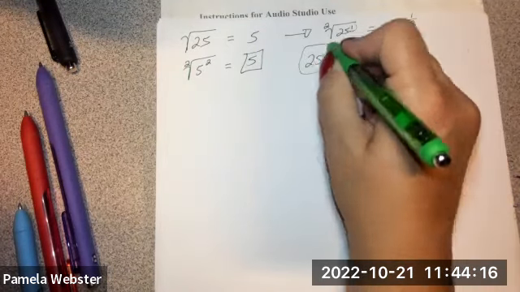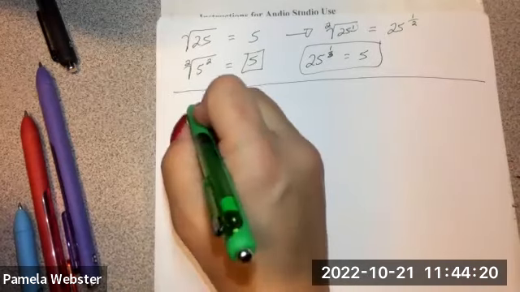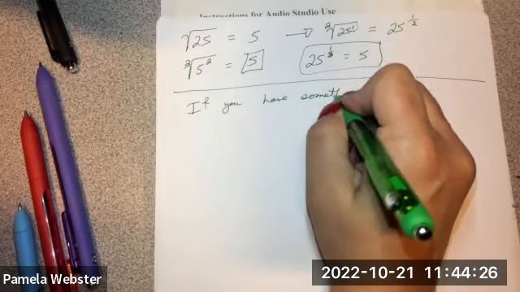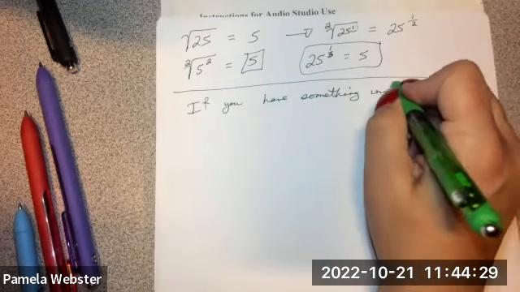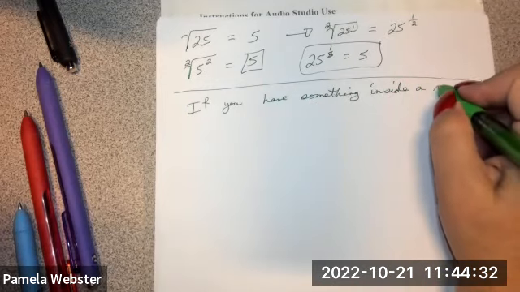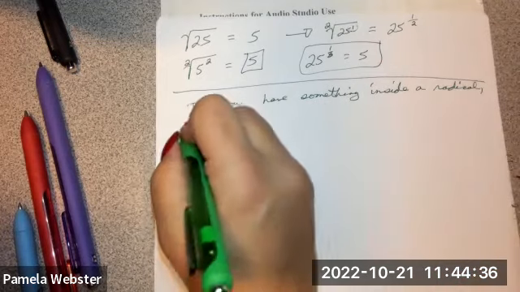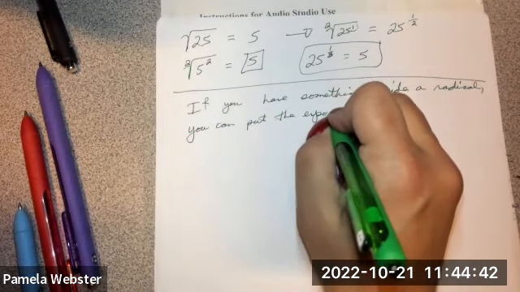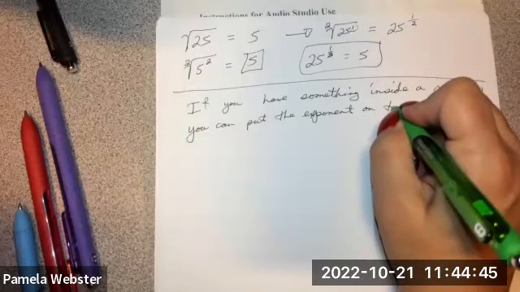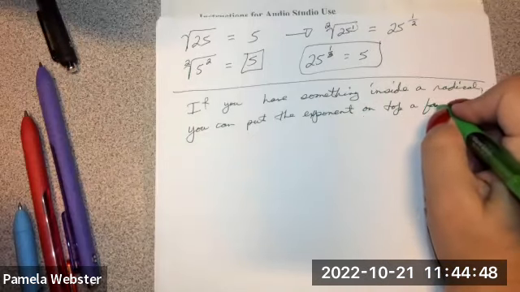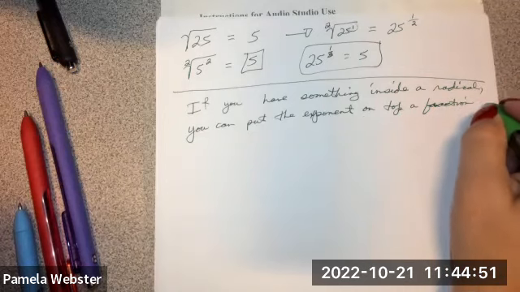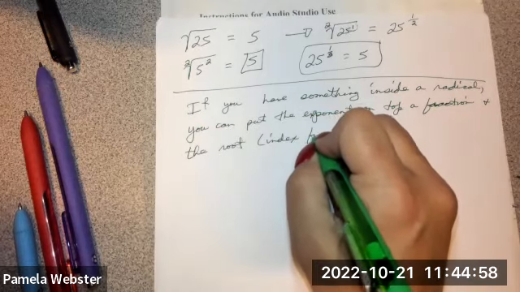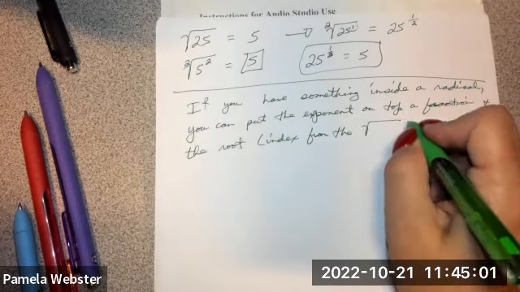Okay, that's a 5. So there is this exponent rule that says if you have something inside a radical or a square root, you can put the exponent on the top of a fraction exponent, and the root or the index from the radical, that's what this guy is called, right?